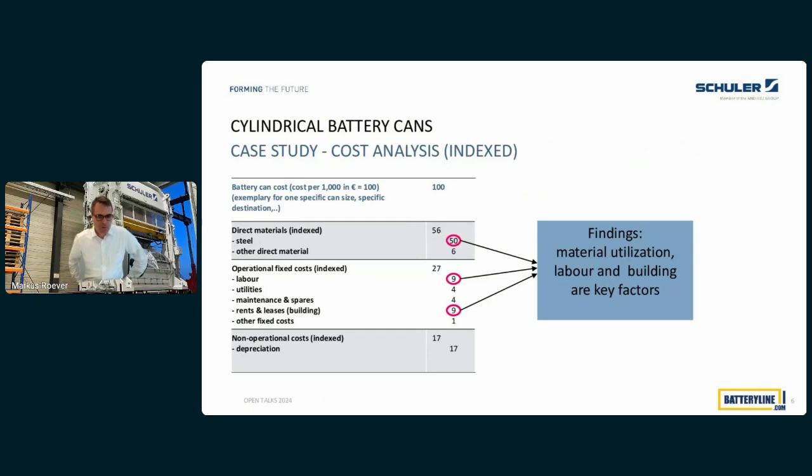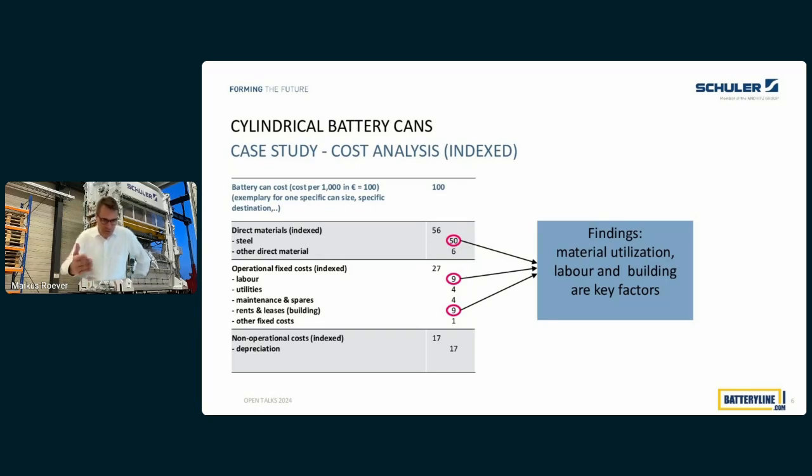So when we talk about efficiency, we have to talk about what factors we are dealing with when we have such a can stamping operation. What we did was make a cost analysis at a customer, where we asked what the factors are which determine the production cost of the can, in this case also a cylindrical can.